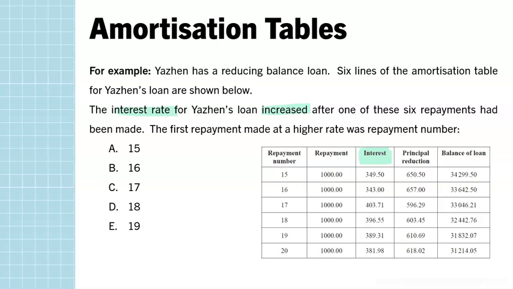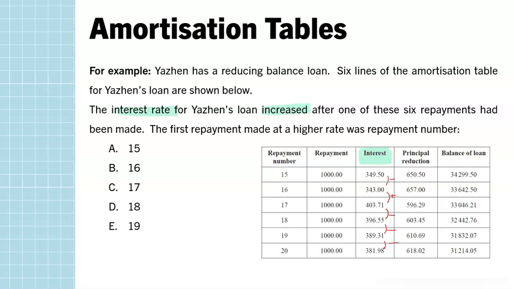And so if I have a look down the column here, I'm decreasing from 349 to 343, but then here between payment 16 and 17, it's going up again before decreasing, decreasing, decreasing. So we're decreasing and then increasing out of pattern.